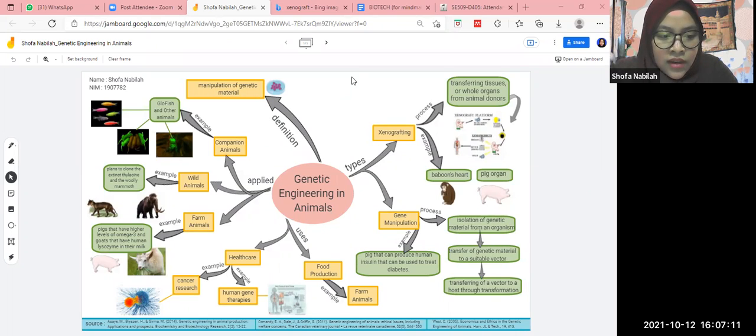So there is potential harm for human health, like antibiotic resistance and concentration of toxic metals. Those are the disadvantages of genetic engineering in animals. I think that's the answer.